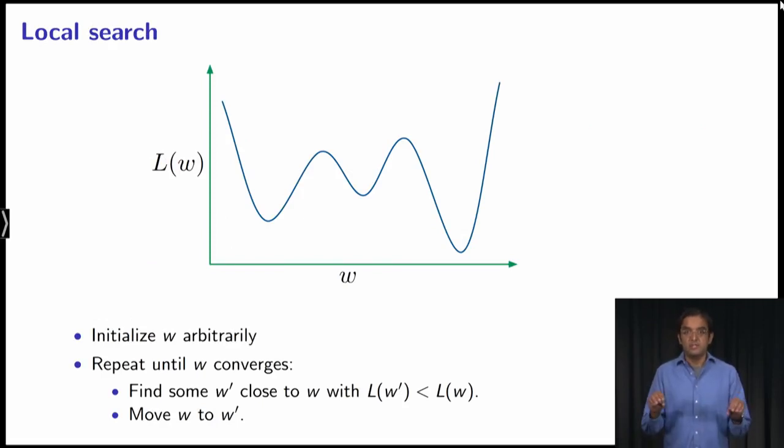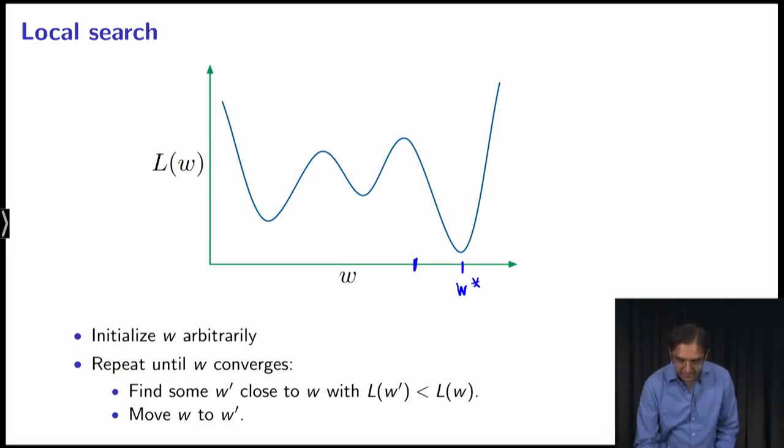Okay, so along the horizontal axis, I have the parameters, W, and along the vertical axis is the loss function, L of W. And the thing we're looking for is the minimizer of this loss function. So this is the point we want. Let's call that W star. What does local search do? Well, local search starts with any old solution. So let's say it starts over here at this loss value.